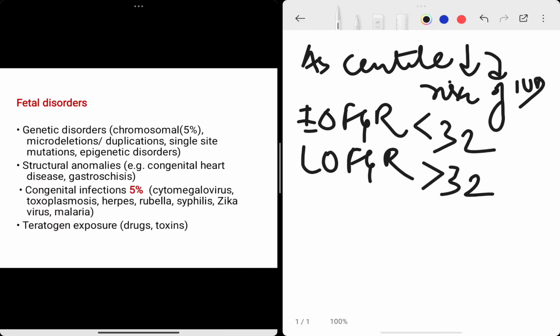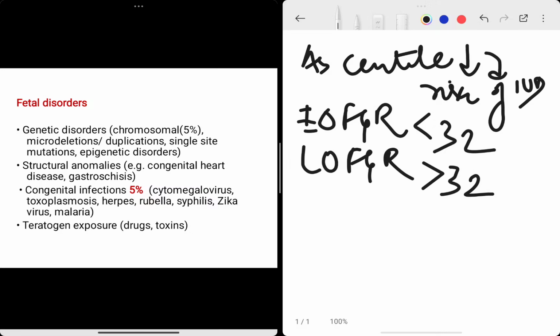Now, these are the maternal causes, which are divided into pre-placental, placental and post-placental. Then fetal disorders can be there, like genetic disorders, which can be chromosomal in 5% of the cases, microdeletion and duplication, single site mutations, epigenetic disorders, and structural abnormalities like congenital heart disease and gastroschisis, which impairs absorption.